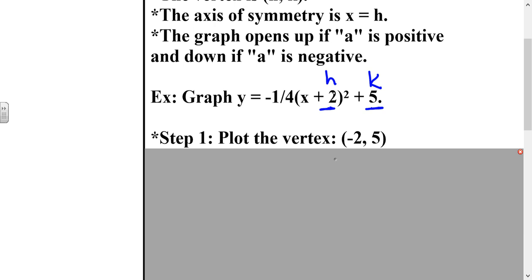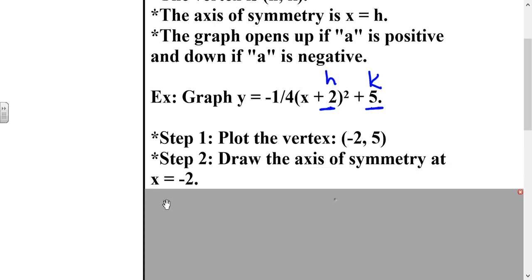So since this says plus 2, it's actually negative 2. So the vertex is the point (negative 2, 5). So we're going to plot that first on a graph. Then, because the vertex is at the point (negative 2, 5), the axis of symmetry is going to be the vertical line x equals negative 2, because it has to go through the vertex.